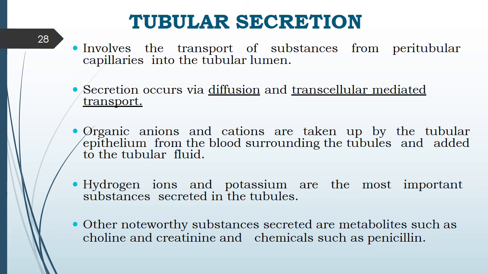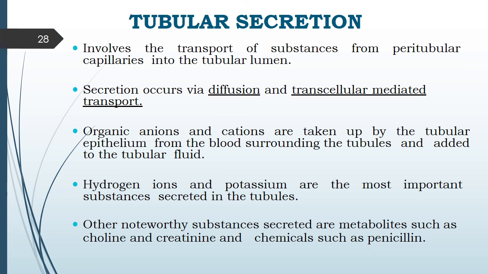Next is tubular secretion, the last mechanism in urine formation, and it involves the transport of substances from the peritubular capillaries into the tubular lumen. The secretion occurs via diffusion or transcellular mediated transport. The organic anions and cations are taken up by the tubular epithelium from the blood surrounding the tubules and added to the tubular fluid.